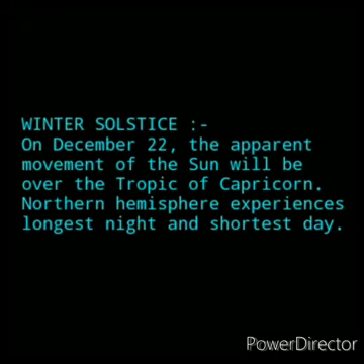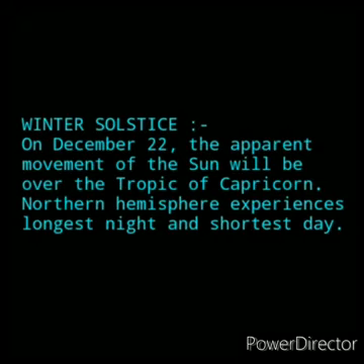From September 23rd, the sun moves towards the south and reaches vertically over the Tropic of Capricorn on 22nd December. This day is known as winter solstice.